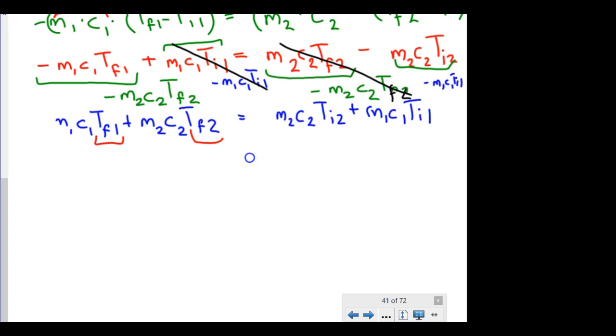The final temperature for water sample 1 and water sample 2 is going to be the same because once you mix them, it's going to come up to thermal equilibrium. Nothing changes on the right-hand side because the initial temperatures are the same.